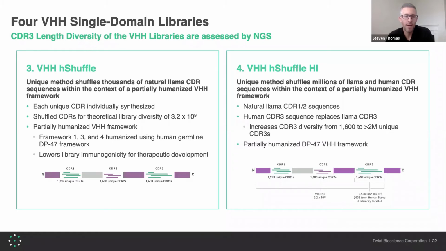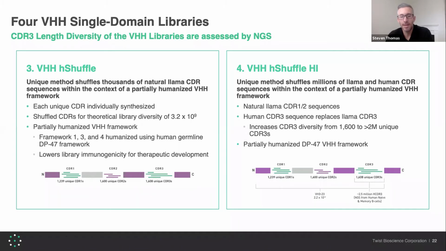On the left, we have a VHH shuffle, H standing for human, which is incorporating naive llama diversity using our CDR shuffling approach. We then built a more human version of this library, leveraging that same partially humanized DP47 framework. We also incorporated 2.5 million heavy chain CDR3 sequences into the CDR3 position.